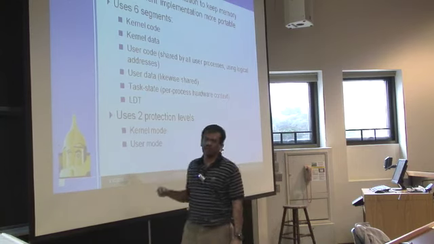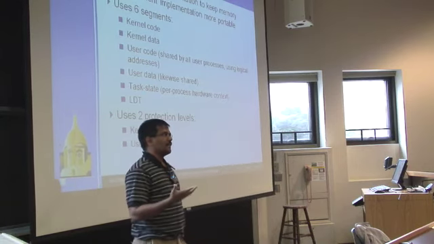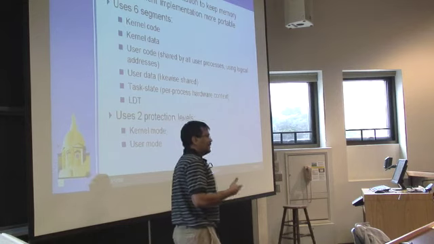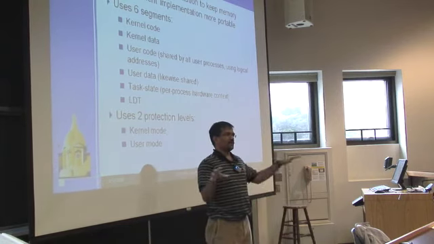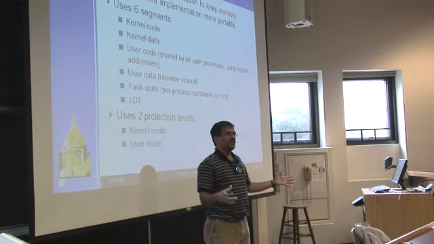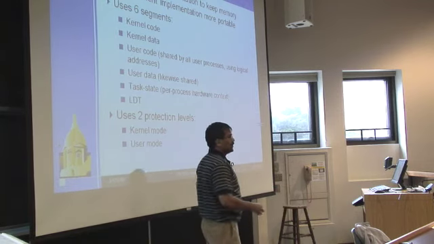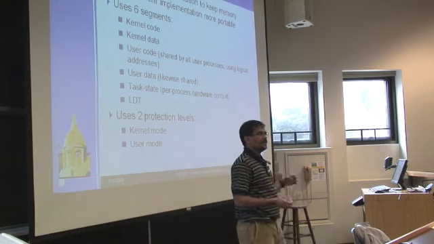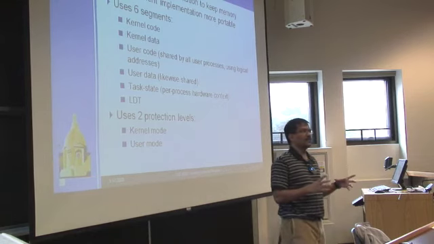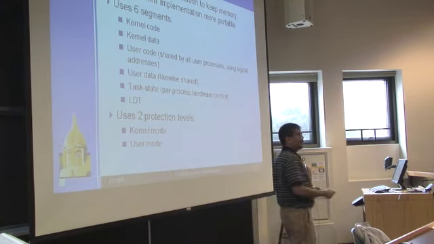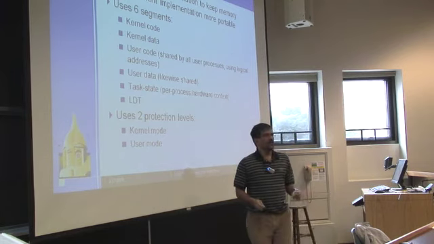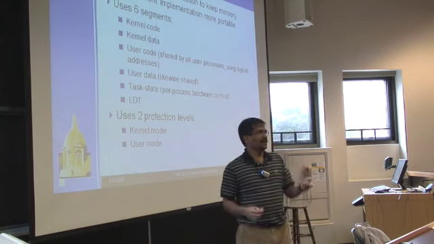So essentially, Linux uses 6 different segments. The reason it uses only 6 different segments is that Linux wants to be portable across different hardware. You can't really trust that newer hardware will have a lot more segments, so they try to reduce the number of segments. But if you were to write a system which is very tuned to a particular hardware architecture, you could think of a different segment for everything you want.